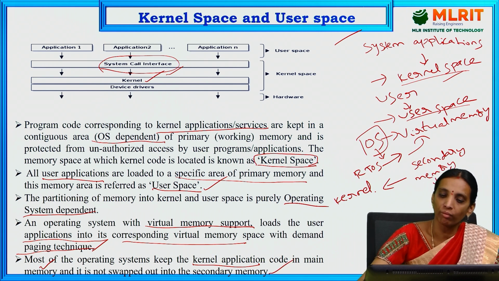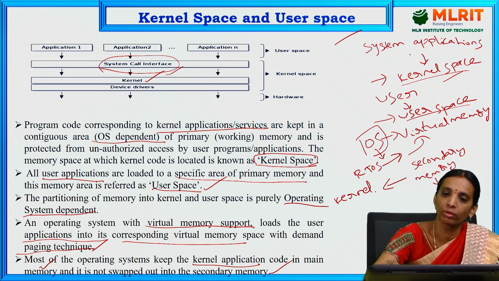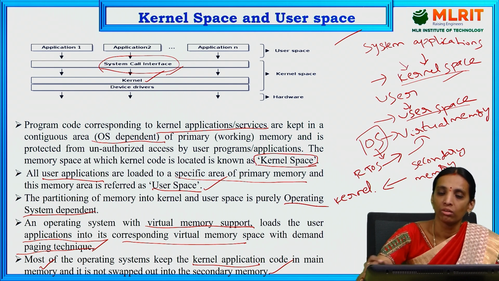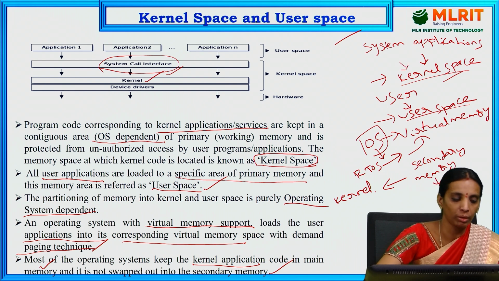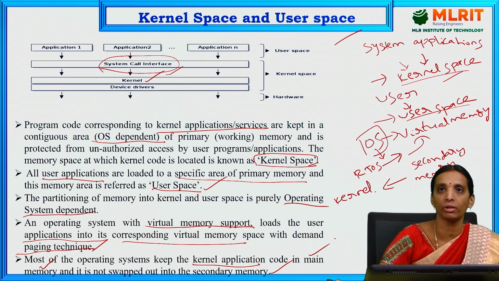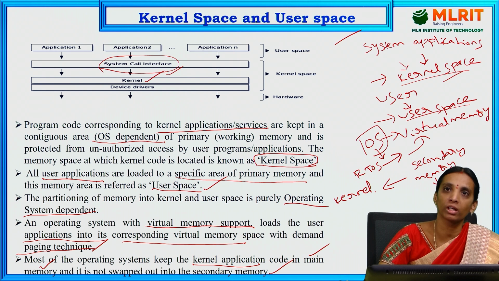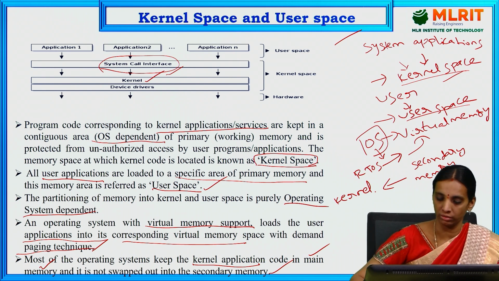Whatever software code is used for kernel space and allocated in main memory is not swapped into the secondary memory, and what is allocated in secondary memory is not swapped into main memory. So this is about kernel space and user space.